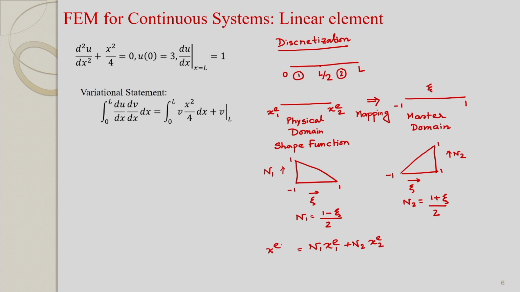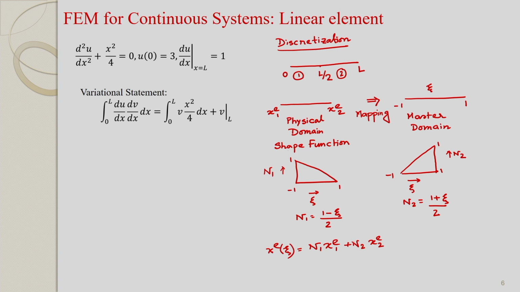So, this is a function of xi. Thus we express x in terms of xi with this shape function. So, this is the mapping function. If you put xi equal to -1 here, you get the left coordinate.